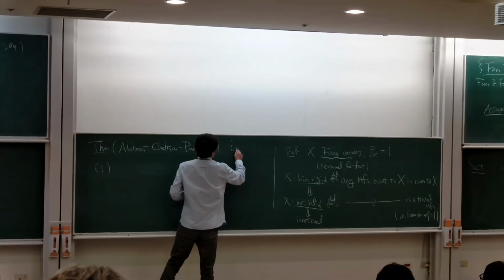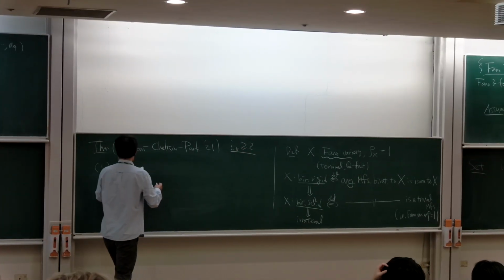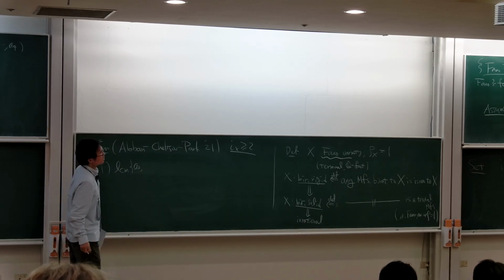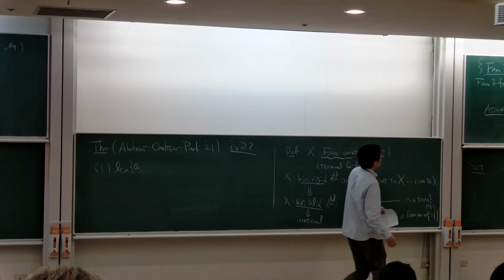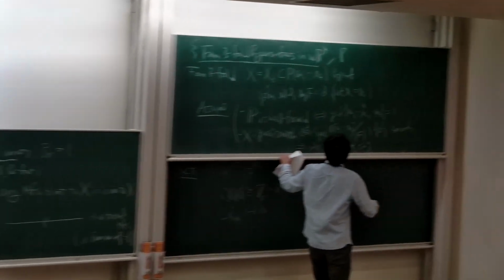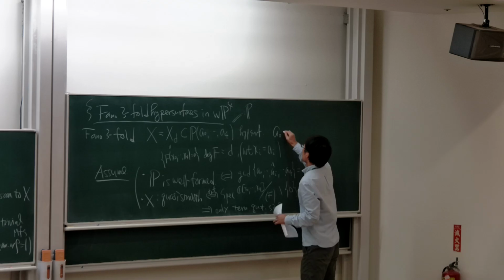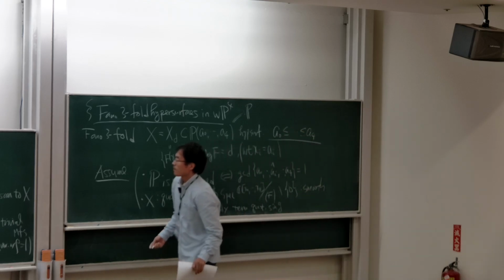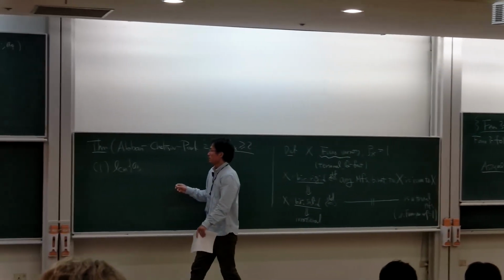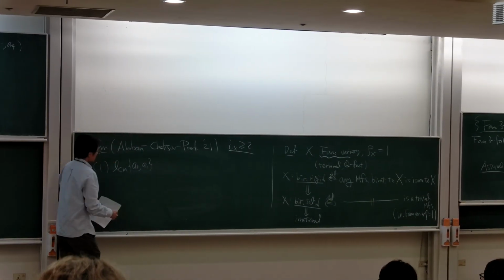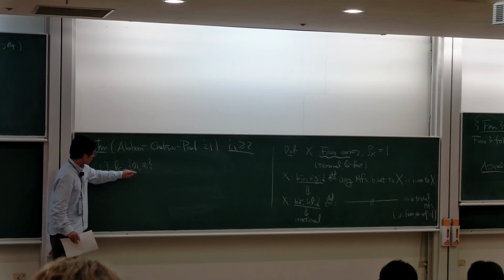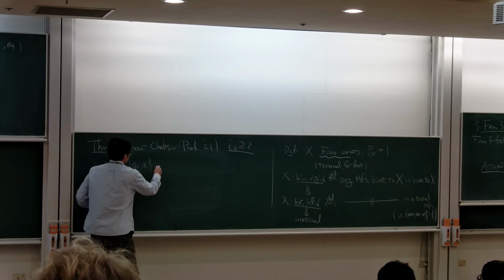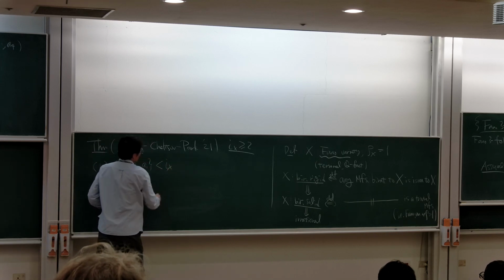They consider this case, and I always assume that the weight satisfies this order. So the least common multiple is strictly smaller than the index.